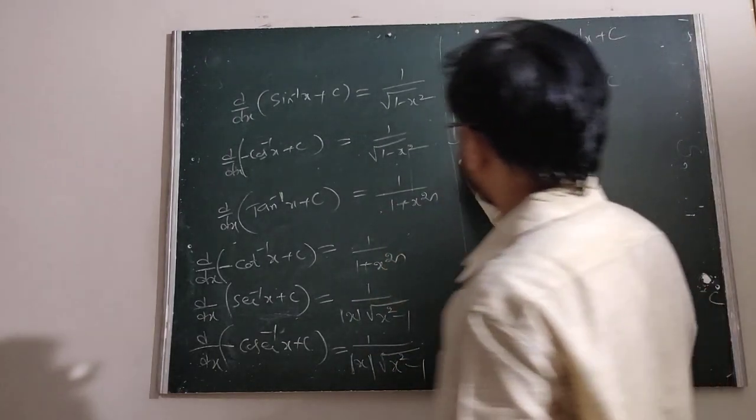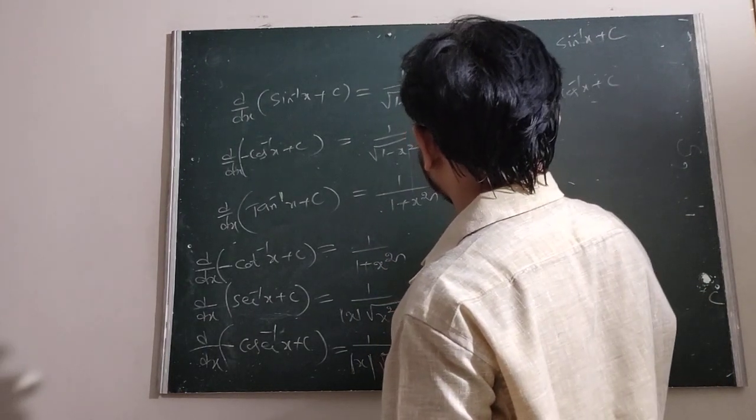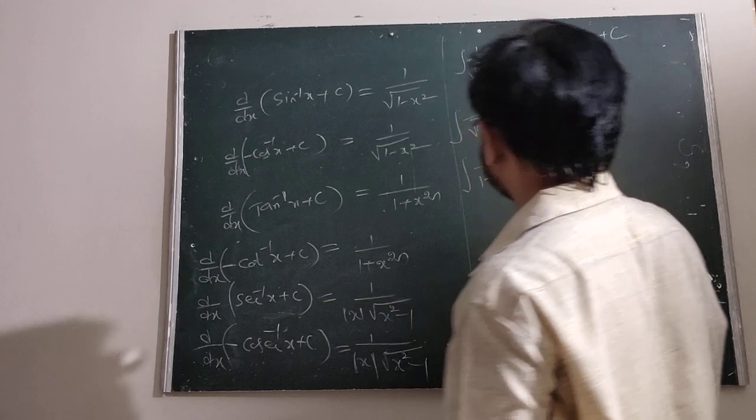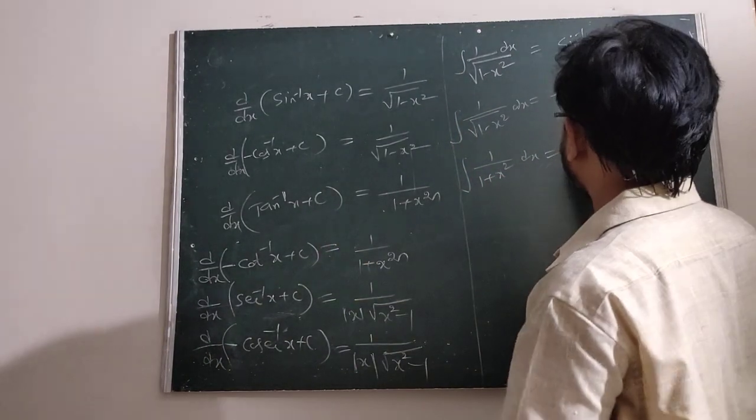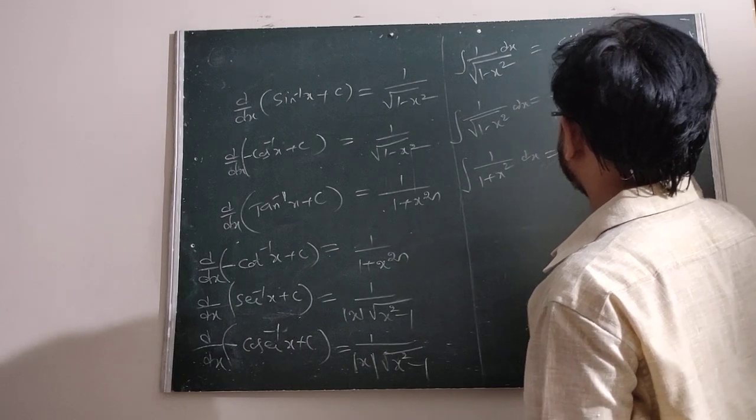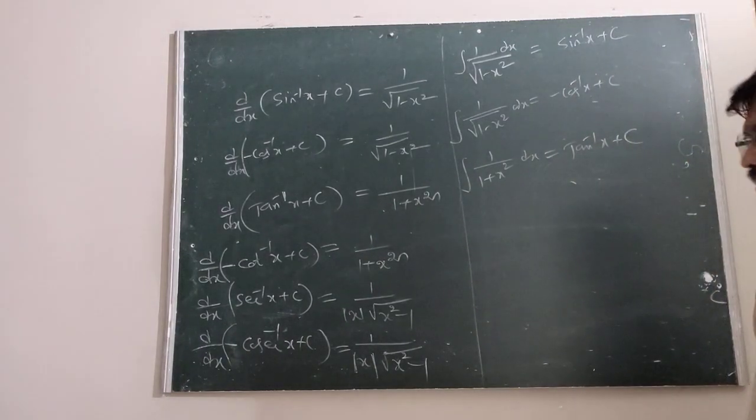Now we are right clear here, integral of 1 by 1 plus x square dx. The integral of 1 by 1 plus x square dx is tan inverse of x plus c. Is it clear?